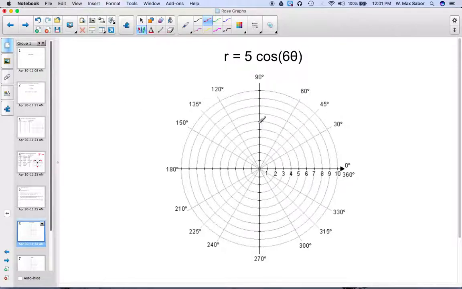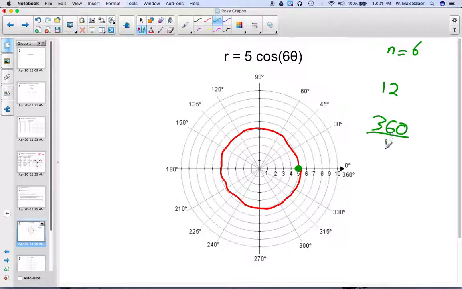Okay, so let's do that with this one. First, we're going to draw the circle at 5. Second, because it's cosine, we'll start by plotting that point. Because n is 6 and it's even, we're going to plot 2n points around the circle, so 12. Because 360 divided by 12 is 30, we're going to look at points that are 30 degrees apart.